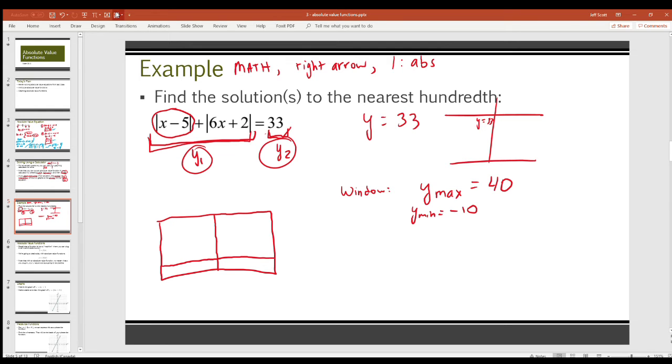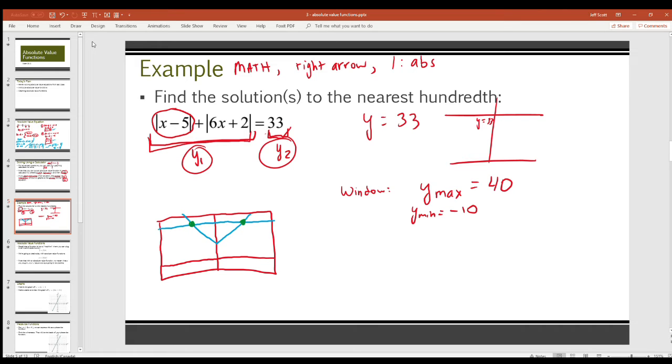And then my graphs, I'll do it in a different color so they stick out. My graph of y1 looks something like this, more or less. And the graph of y2, which was just 33, looks something like this. So the solutions to this absolute value equation are going to be these 2 points right here.